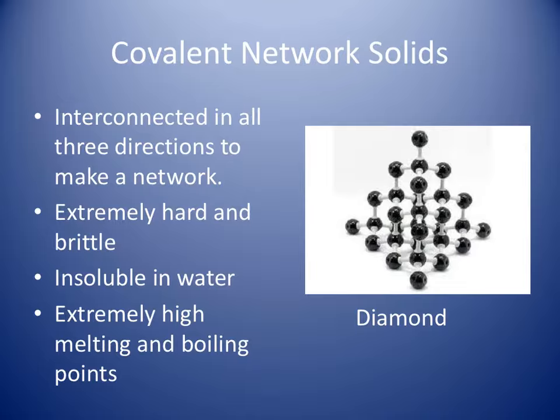There is one final class of covalently bonded compounds that I would like to mention. They are called covalent network solids. They are covalently bonded. They are made up of atoms that share electrons, but they're unique in that each atom in the covalent network solid is interconnected in all three directions in space.